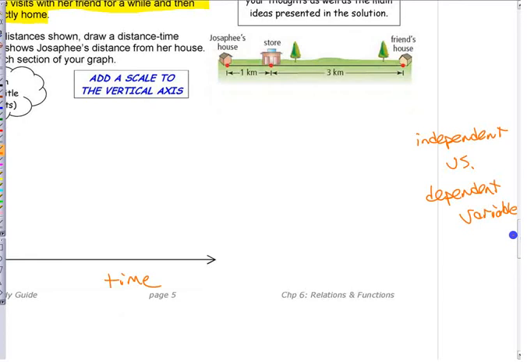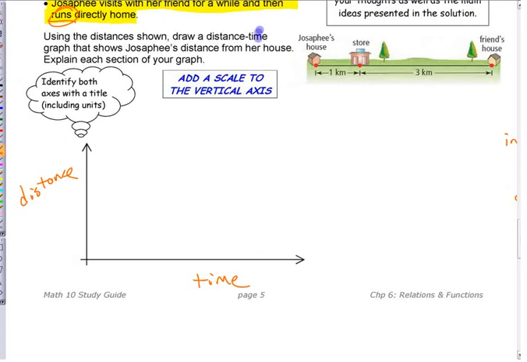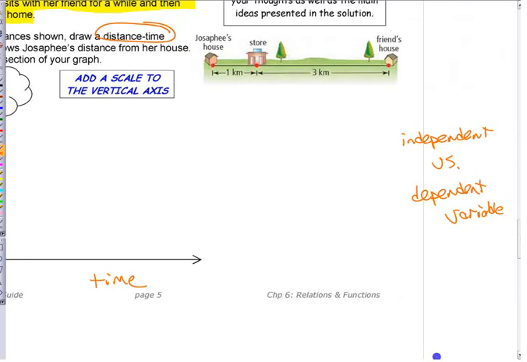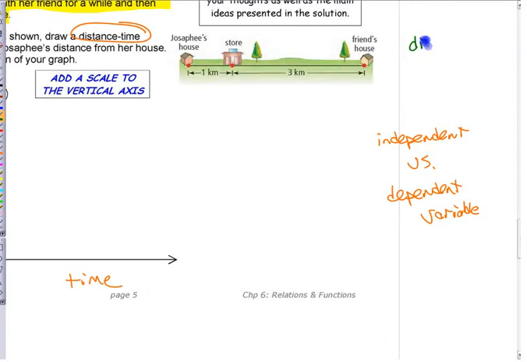We have time, because it tells us we want to draw a distance time graph. We have to decide which one is independent, which one is dependent. We have distance and we have time. Does her distance from her house depend on how much time has passed? Or does how much time has passed depend on her distance?